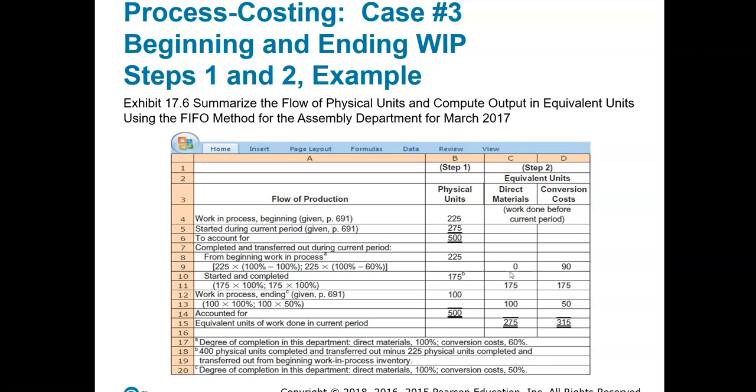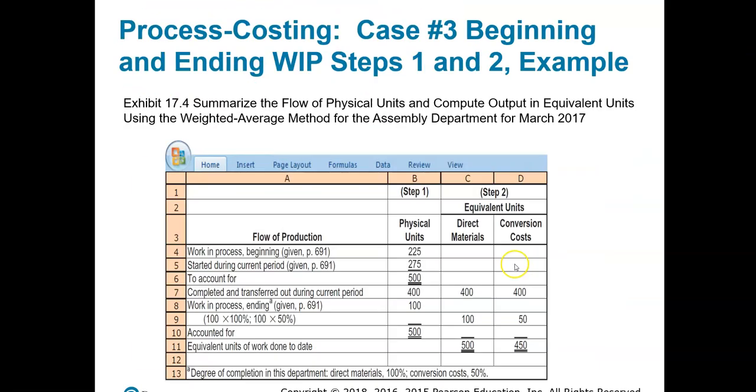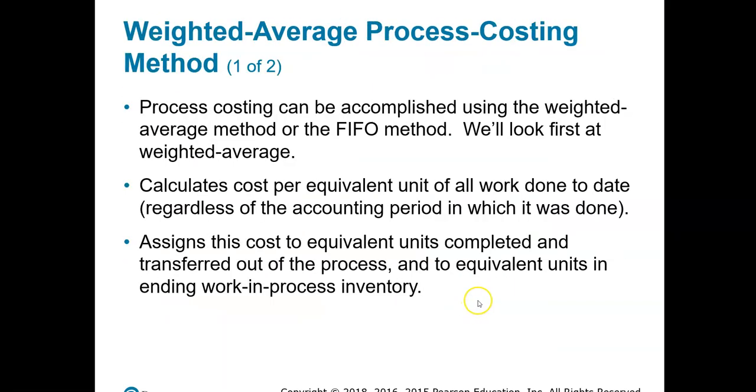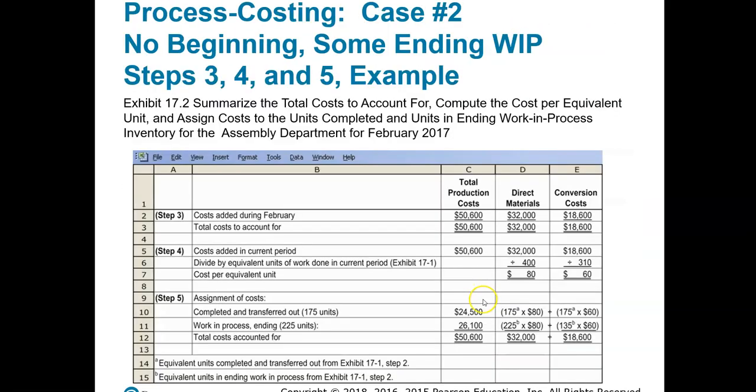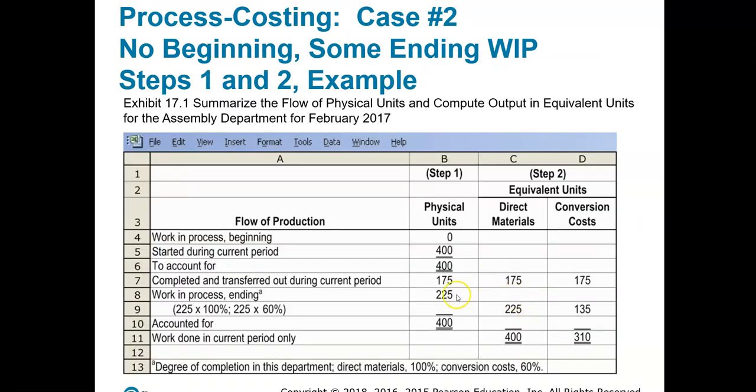Now, when those costs were transferred in, they were what? Direct materials were 100% complete for those units that were left over. So in other words, these 225 units already had all of their costs.